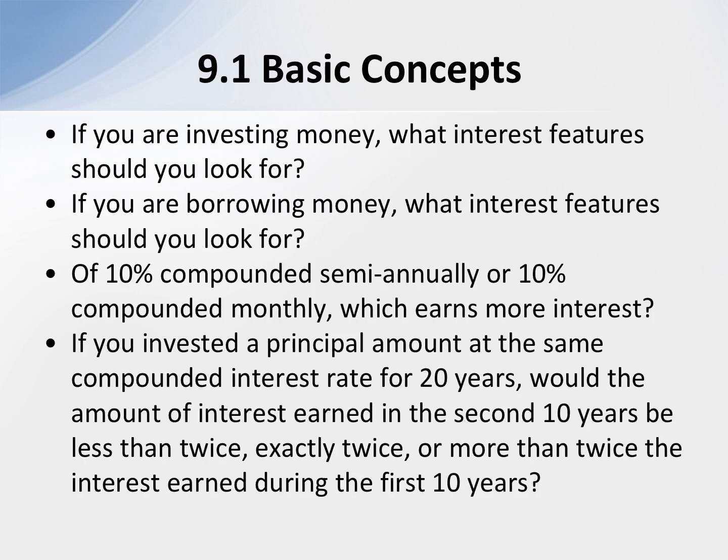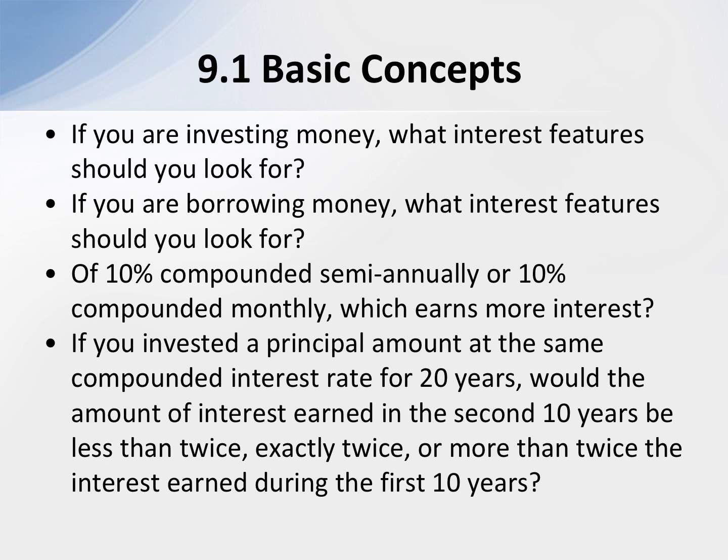Let's look at a few simple concept questions. If you're investing money, what interest features should you look for? If you're borrowing money, what interest features should you look for? Of 10% compounded semi-annually or 10% compounded monthly, which would earn the most interest?